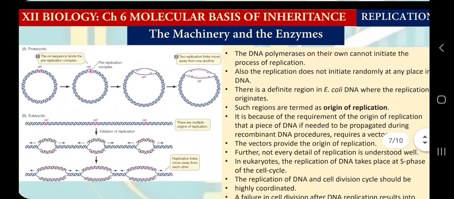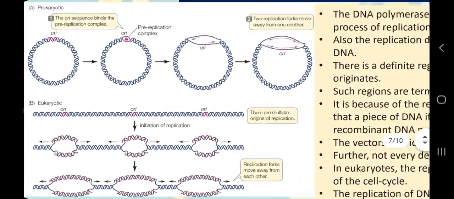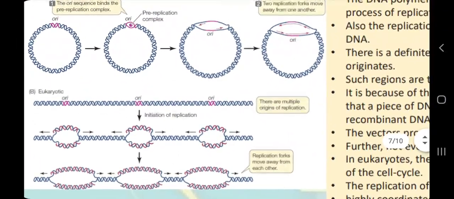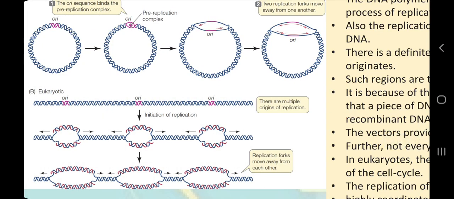Now again, coming back to this diagram, this beautiful diagram is showing the differences between prokaryotic cells and eukaryotic cells. As we all know, prokaryotic cells or bacterial cells have a single DNA molecule, and we eukaryotes including humans have many DNA molecules, and those molecules are called chromosomes, and those are linear DNA molecules.